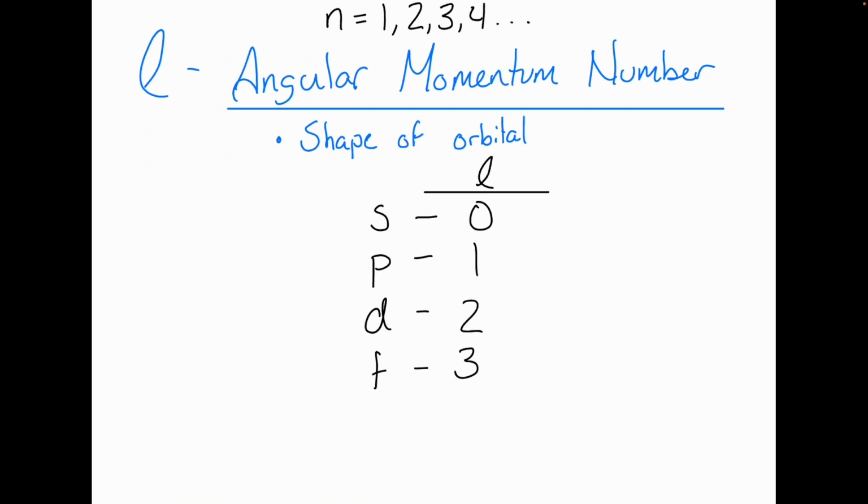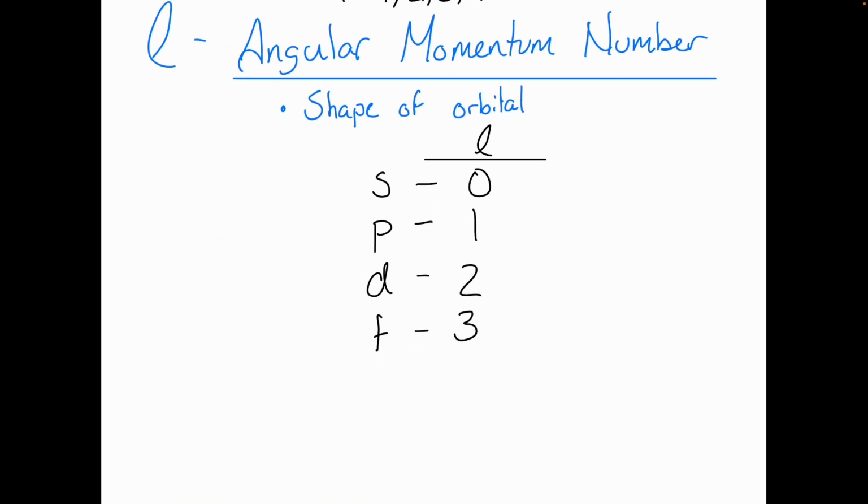When we look at our angular momentum quantum numbers and talk about allowed values, we have these 3 types of orbitals that we see here on Earth. In theory, there could be an l value that's greater.